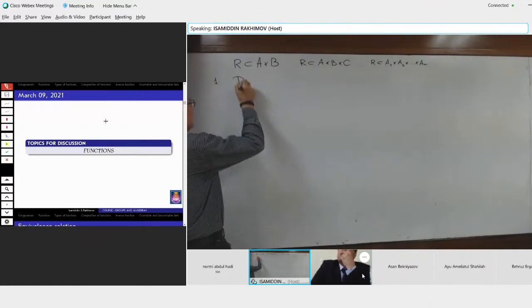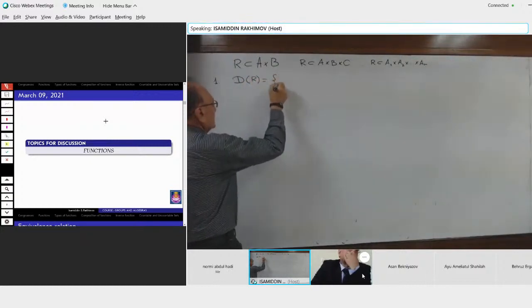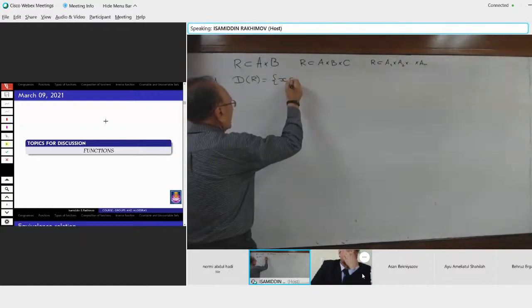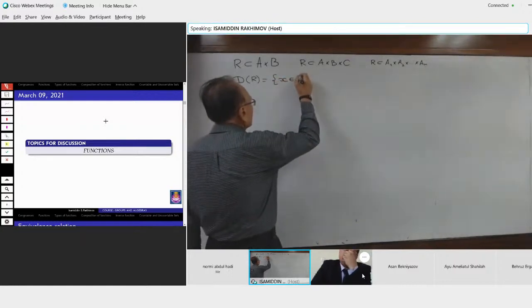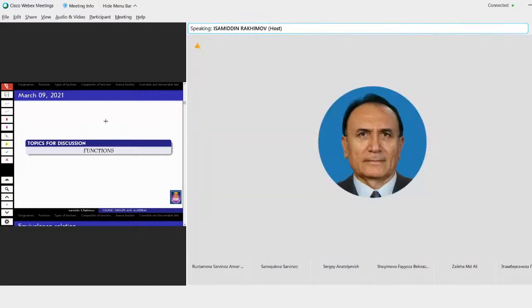We have the domain of R, and I will remind you what that is. These are those elements x of A such that there exists y from B with the following property: x R y, or it is the same, this pair x, y is an element of R.